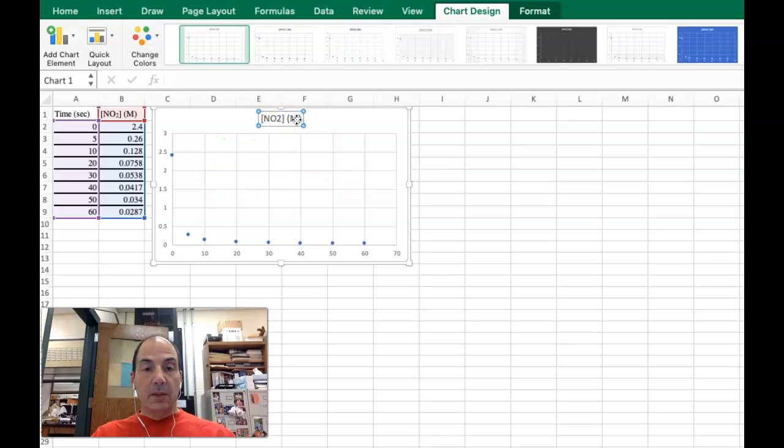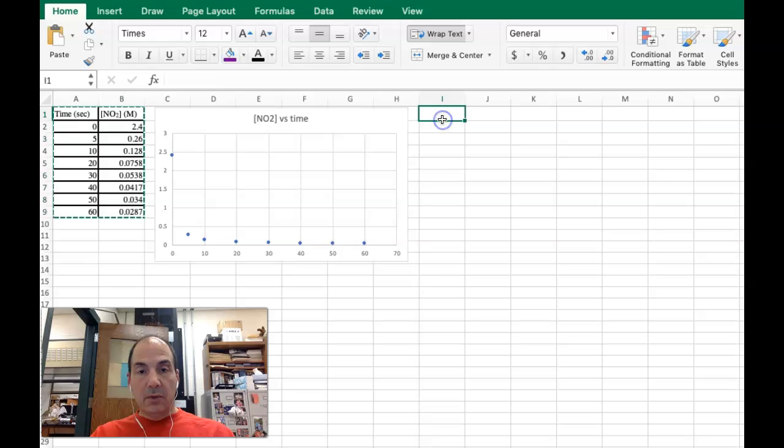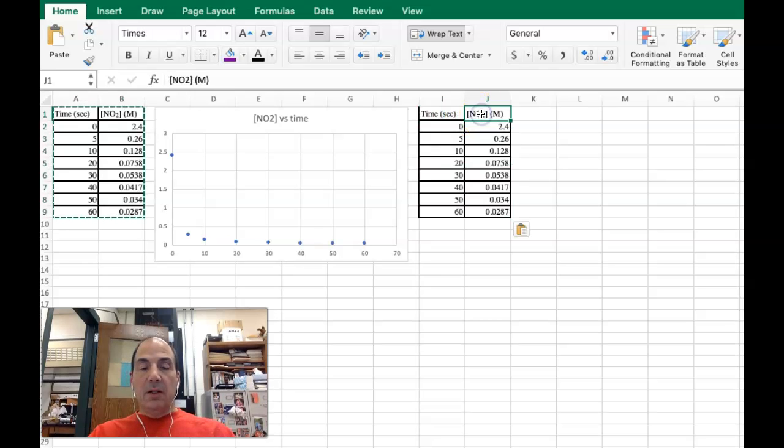So let me modify this. Concentration versus time, we'll just say. All right, so now what I need to do, I'm going to save myself a little typing. I'm going to come over here, so we're going to get ready for our next graph.